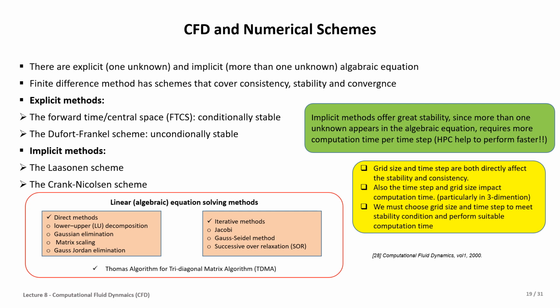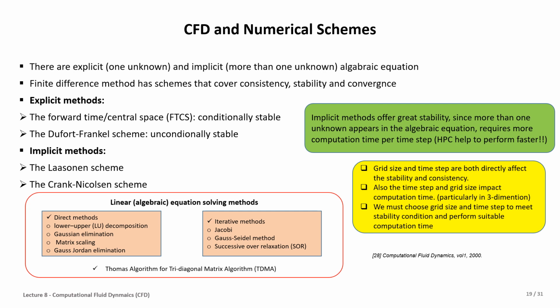So here the HPC is required to perform it faster. And sometimes if we don't have enough computation, we are not able to solve this kind of problem. Then using the implicit method leads to a much better solution, stability, consistency, and convergence. We mentioned two examples of them, Laasonen and Crank-Nicolson, but much more computation is required.